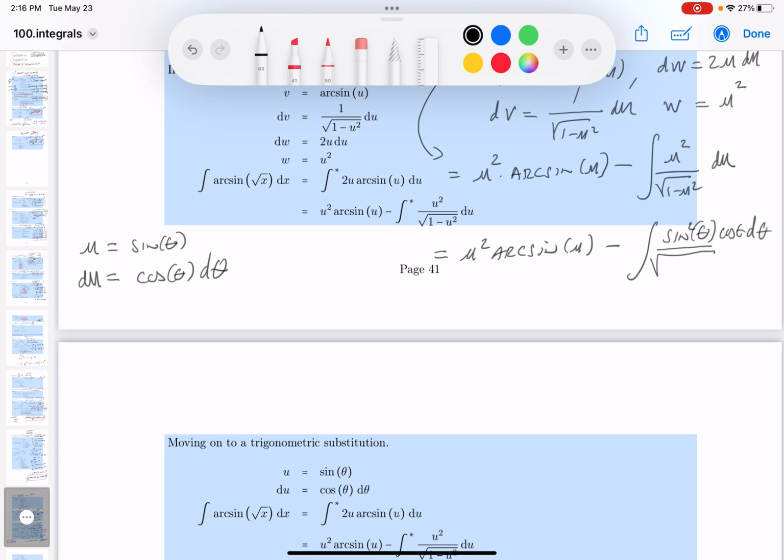The bottom part is going to be the square root of 1 minus u squared, which is 1 minus sine squared. All right, let's keep moving. 1 minus sine squared theta is going to be cosine squared theta. The square root gives cosine, the cosines cancel, and you get sine squared.